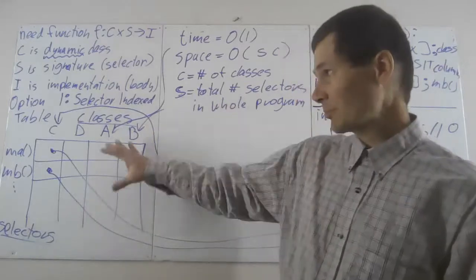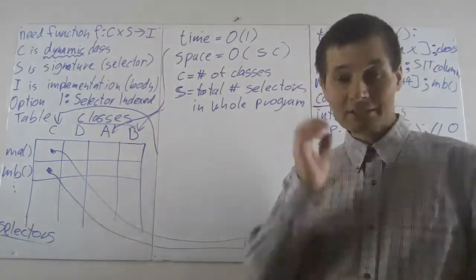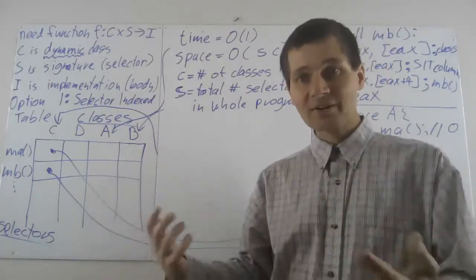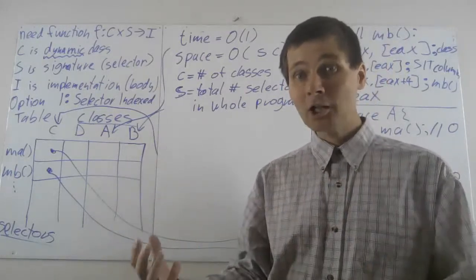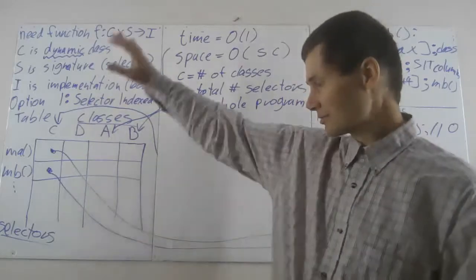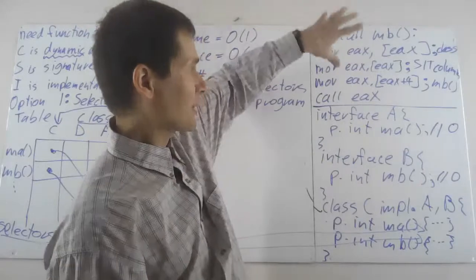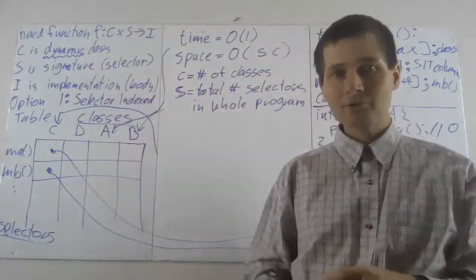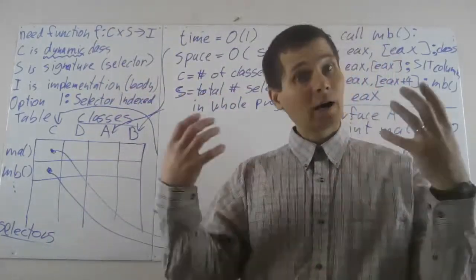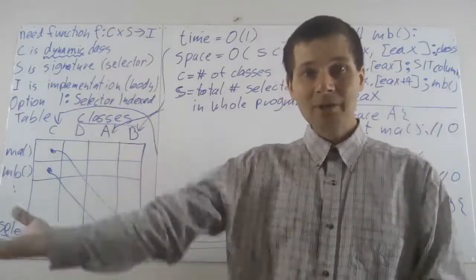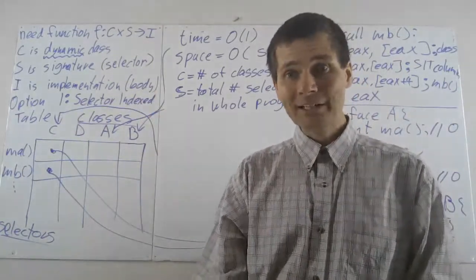So you could just implement one selector index table and use it for methods that have nothing to do with interfaces at all. It would be one data structure, and one piece of code where it's always the same code that you generate. Okay, and that's a fine choice. And for simplicity, you could do it that way.